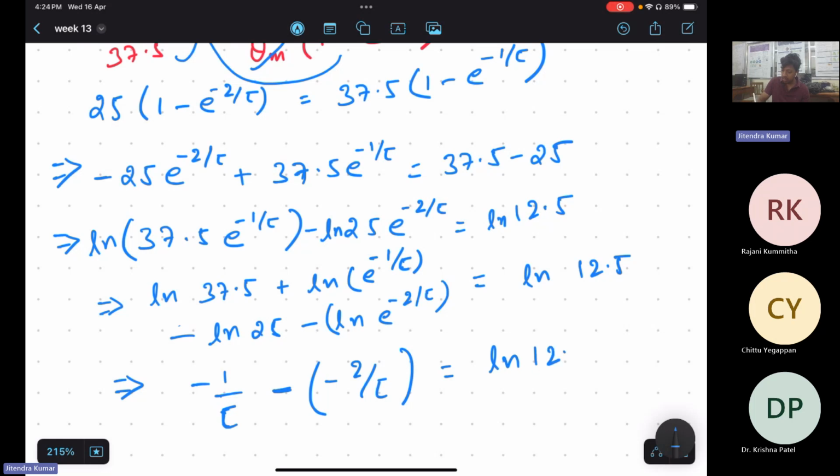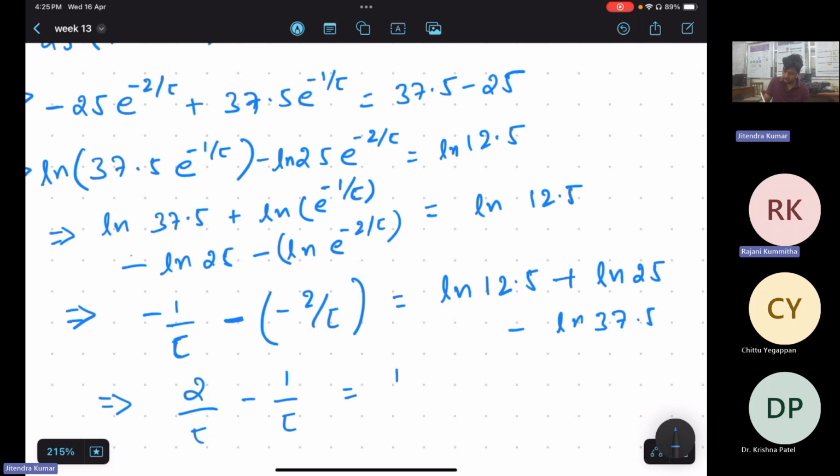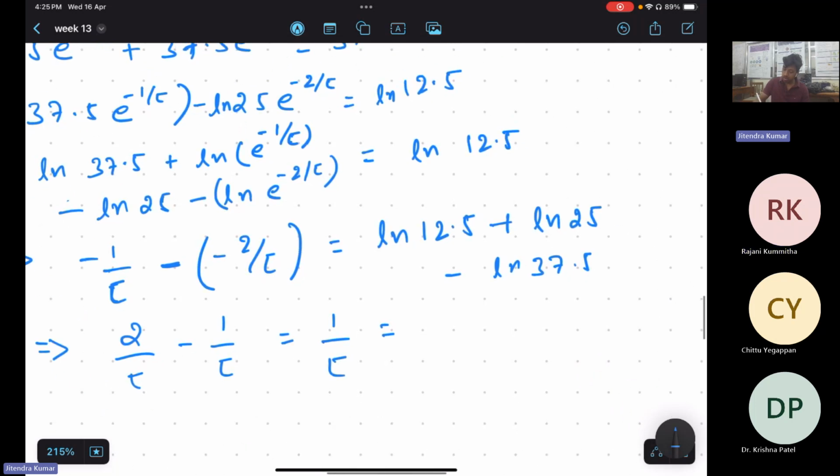On the right hand side, we take all the constants: plus ln 25 minus ln 37.5. Now we have 2 by tau minus 1 by tau, so it will be 1 by tau only, isn't it? Yes, sir. 1 by tau. Now it is ln 12.5 plus ln 25 minus ln 37.5.